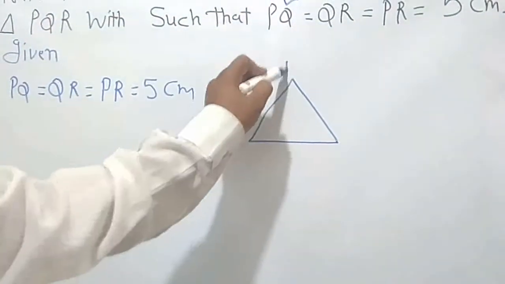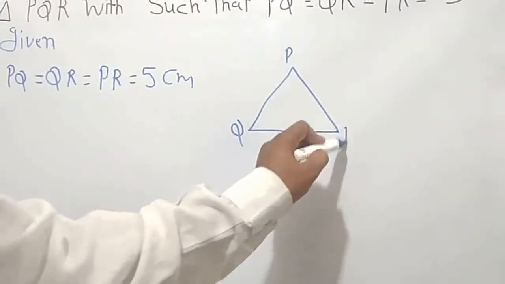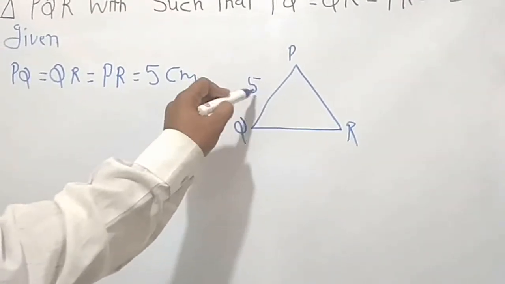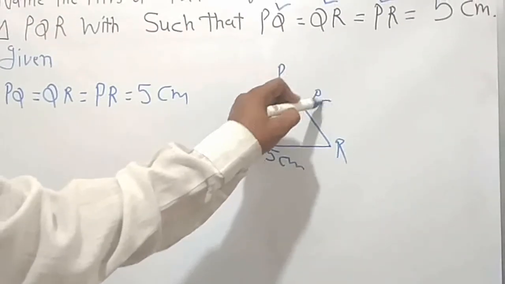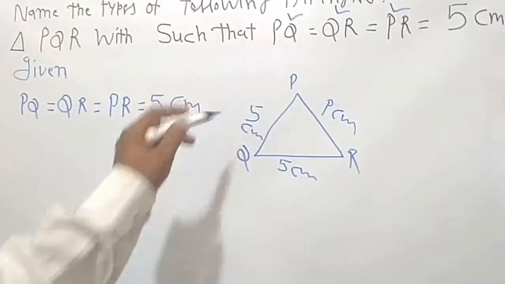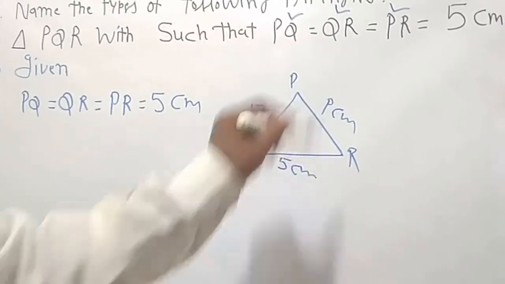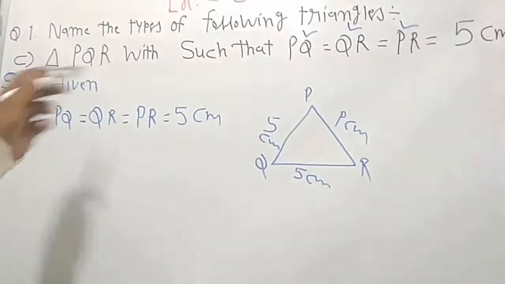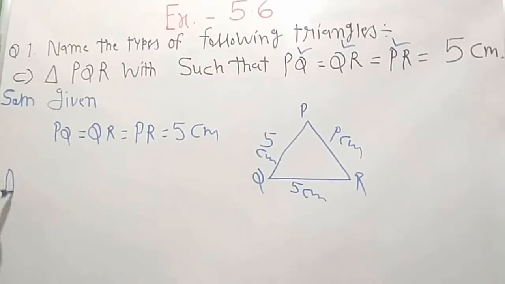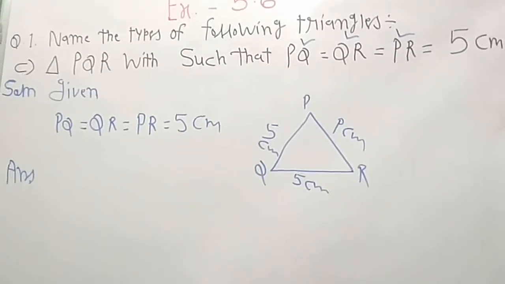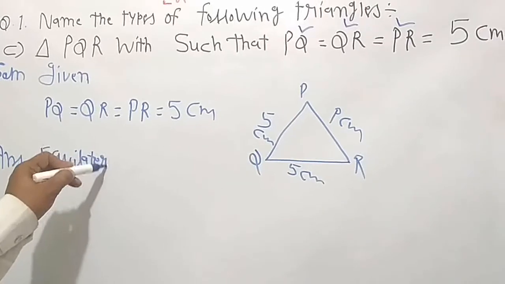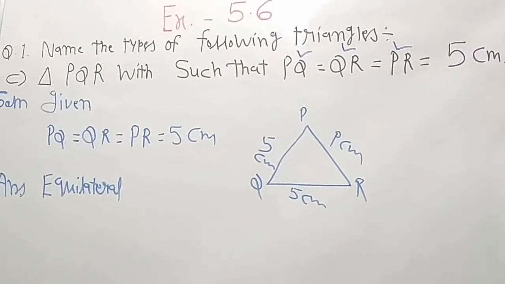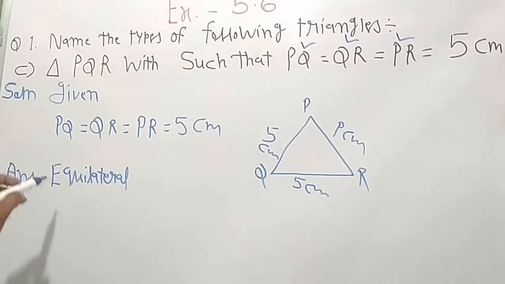It is P, Q and this is R. PQ 5, QR 5 and PR also 5. So on the basis of this we can say that the answer of this question is equilateral triangle, because it has the measurement of all the three sides same, equal.